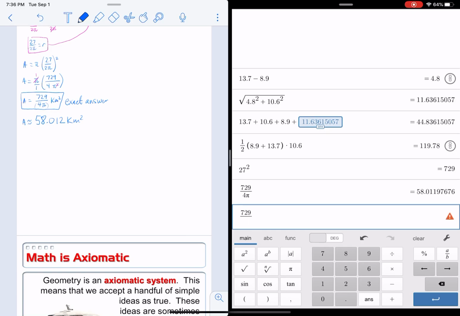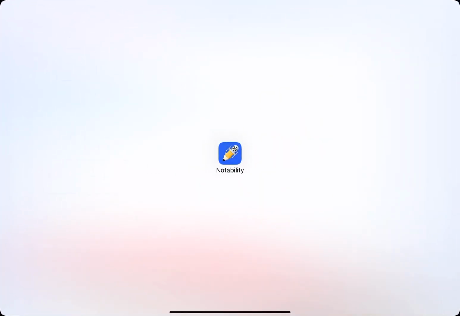The TI calculator puts the little division as a slash like this, 729 slash, and then you type in 4 pi. And then what happens is it treats the problem like this. Divides by 4, takes that answer and multiplies it by pi, which is not what you want to do. So in your calculator, you'd want to definitely make sure that you put parentheses around the 4 pi. This Desmos, though, knows what's about to happen, so it prevents you from making that error, which is sort of handy.